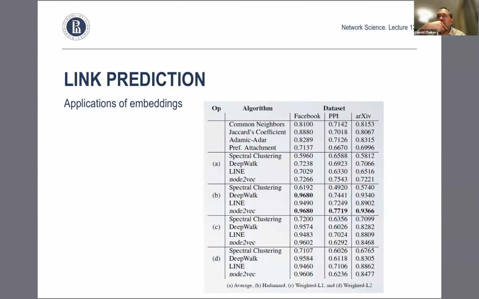And so we can look at the results here. There are several algorithms for link prediction through embeddings. Again, we first do embeddings, and then we can do very simple and straightforward classification for whether there is a link or no link.